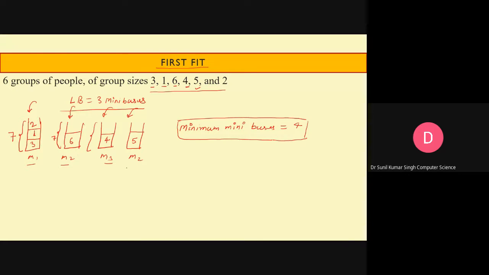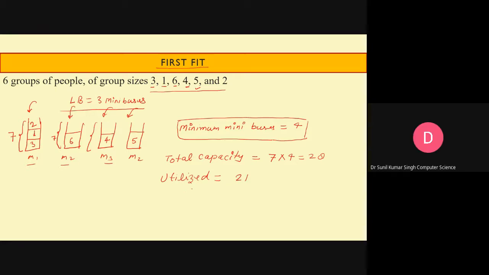So guys, if you look at the total capacity of these 4 buses, 7 times 4 is 28. Total capacity is 28, and the utilized one is 21.